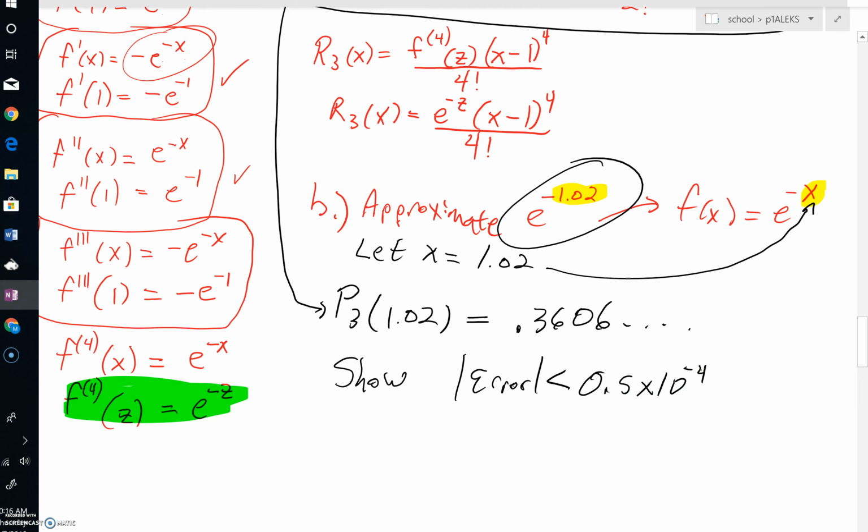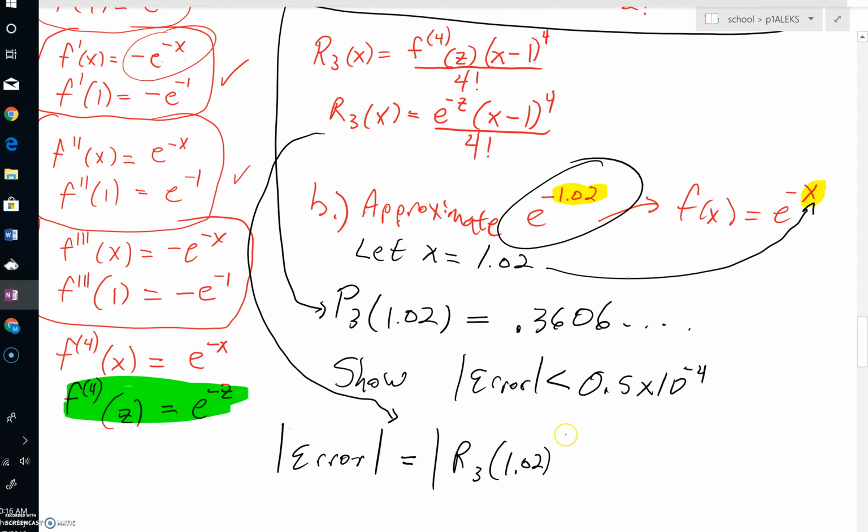Well, your error is coming from R3. And right now we're going to say this is R3, but I'm plugging in 1.02 because that's the x value that we have.